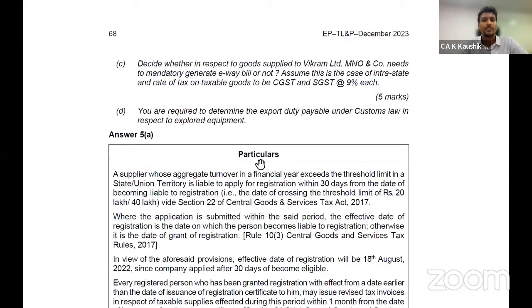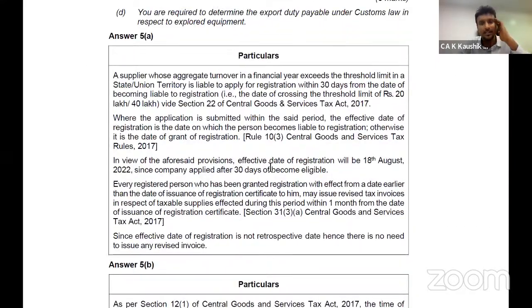If you see here, very clearly they say that the 40 lakh, 20 lakh revision, 30 days you need to make an application. In view of the aforesaid provision, effective date for registration shall be 18th August since company applied after 30 days of becoming eligible.